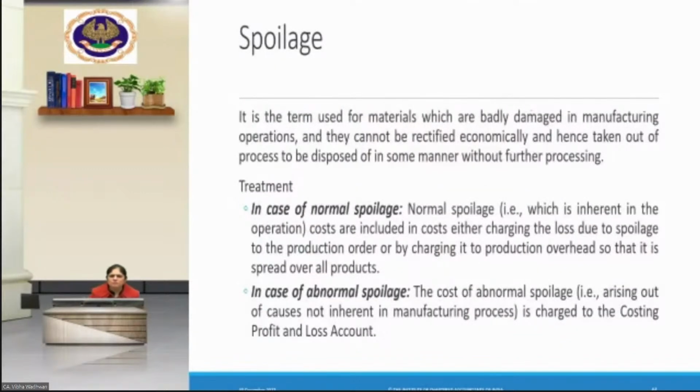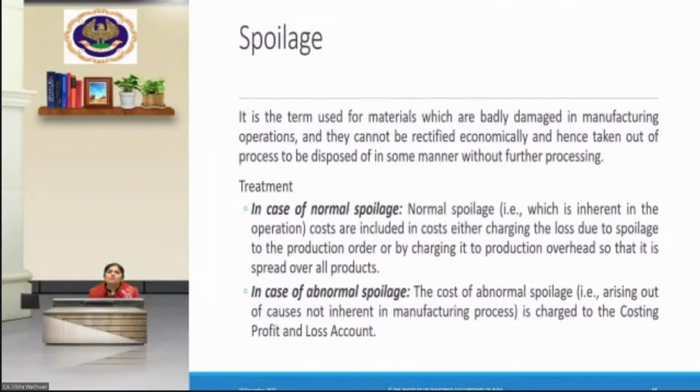Now, how about spoilage? We'll do a certain question so you will understand. Spoilage happens during the later stages of manufacture. Spoilage means goods are manufactured which are of substandard quality.